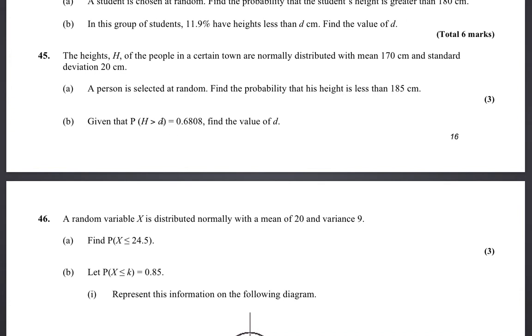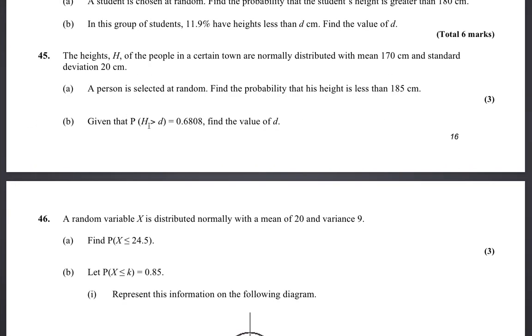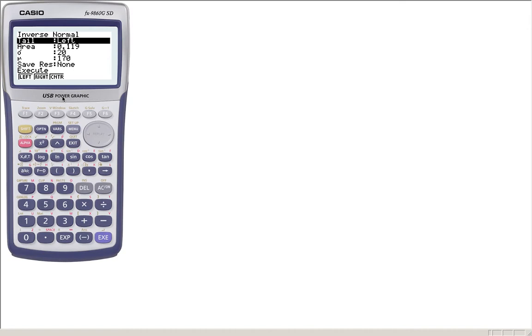So in this case, we use inverse normal. So exit, distribution, normal, inverse normal. Now here, P of h more than d, right? So that means tail is on the right hand side. So tail is right. So I enter F2.